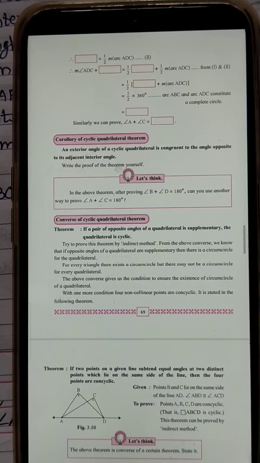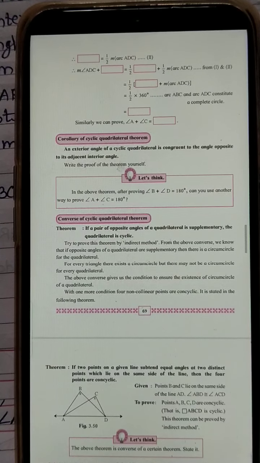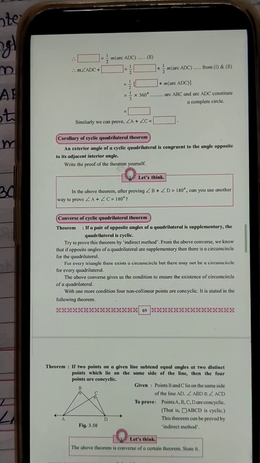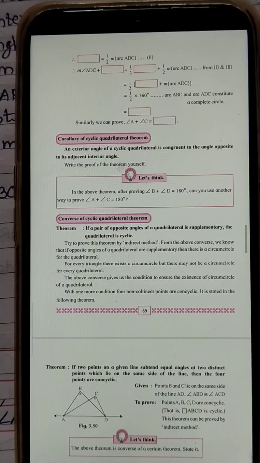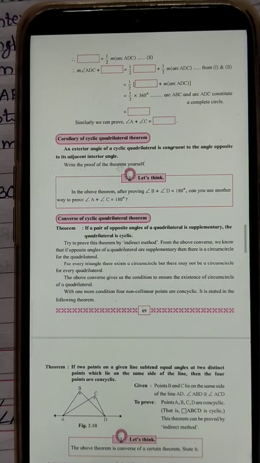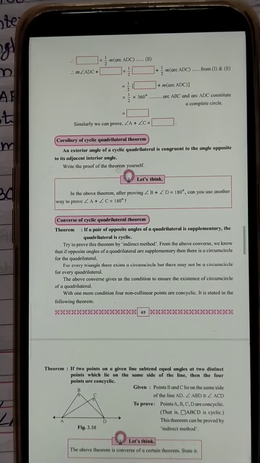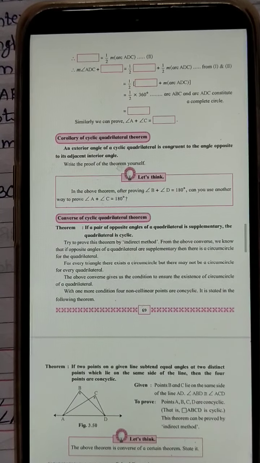An exterior angle of a cyclic quadrilateral is congruent to the angle opposite to its adjacent interior angle.